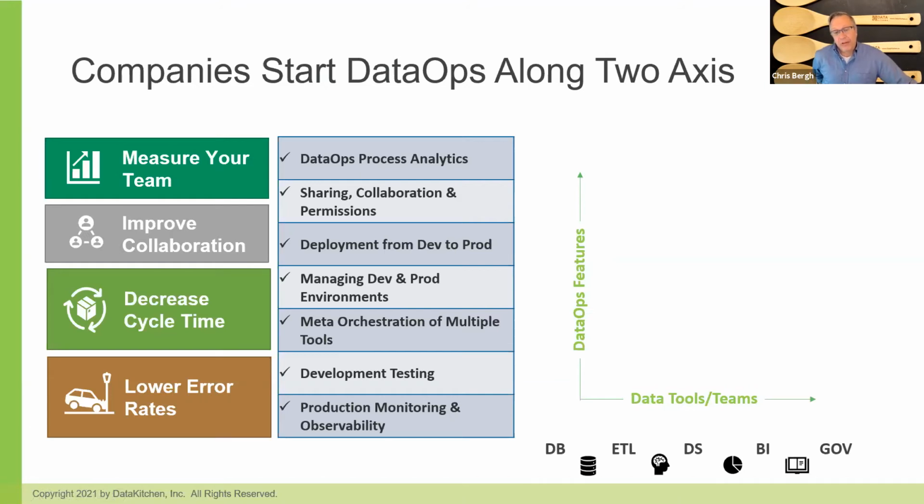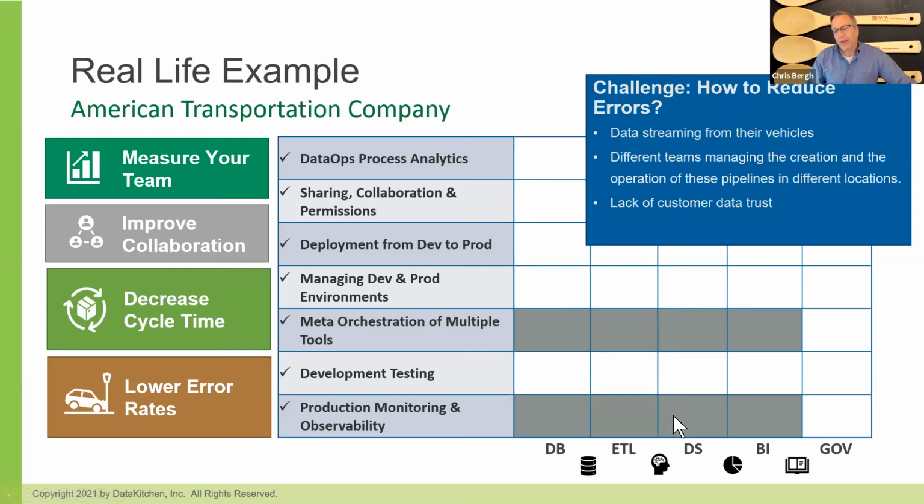You could say there are different specific features they want to implement, but maybe they're going to focus on errors, or do it just in the database and backend ETL team, or the data science team, or the BI team, or the governance team. So think of it as a matrix. Where are you going to start? What team? And what tools are you going to focus on?